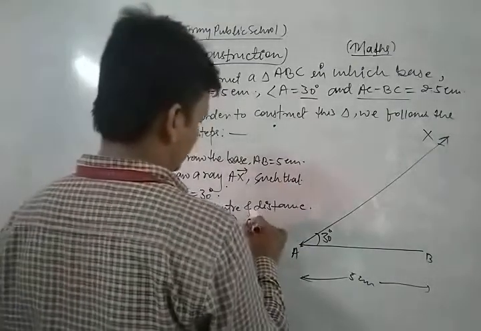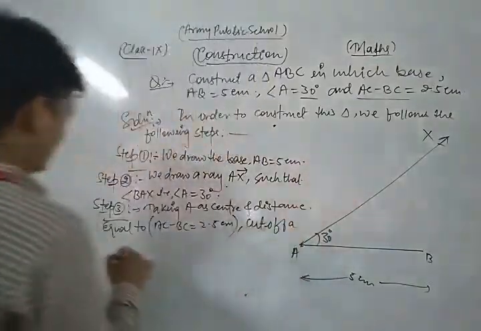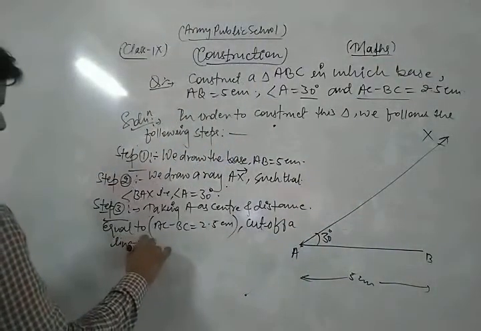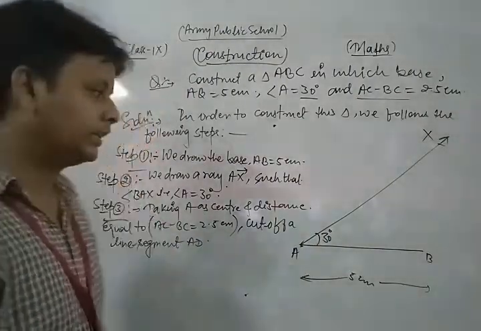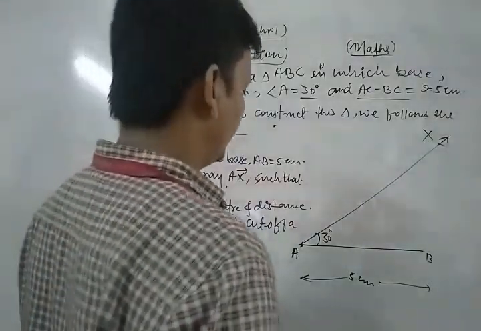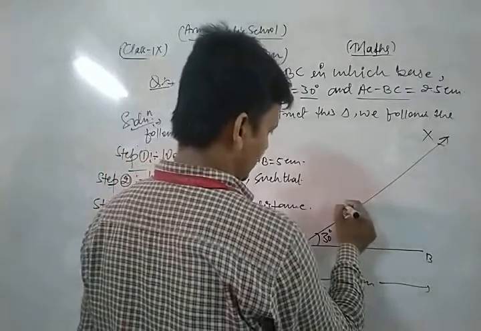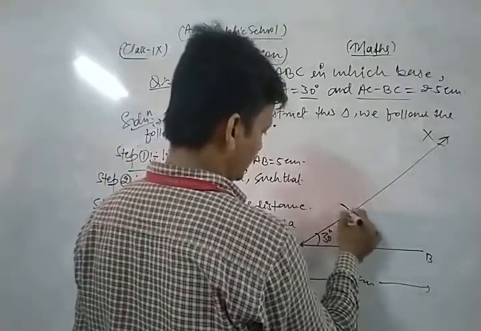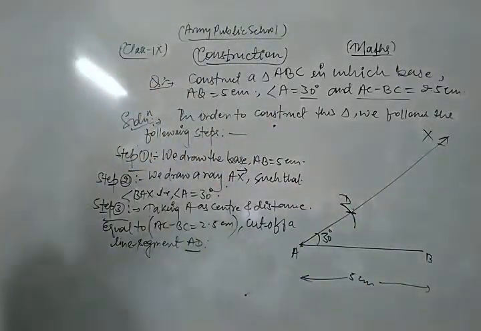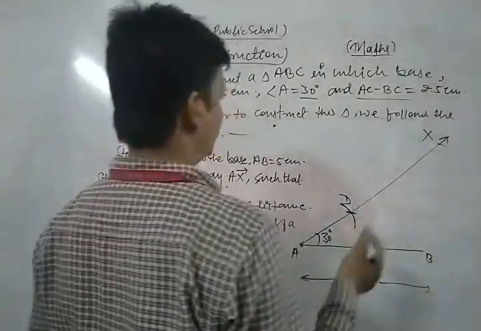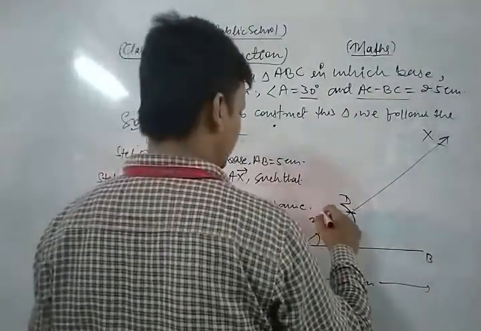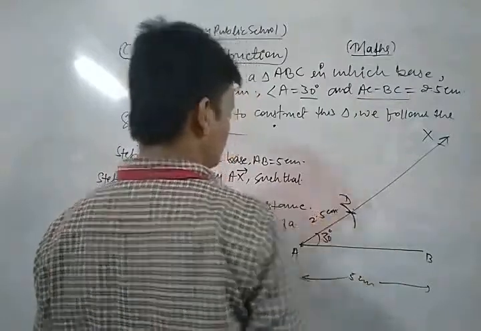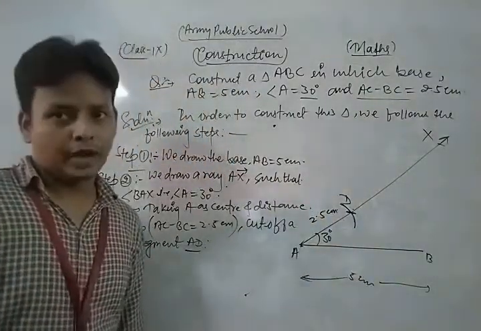So in step third, cut off a line segment AD from the ray AX, which is equal to the difference between the other two sides, which is 2.5 centimeter.